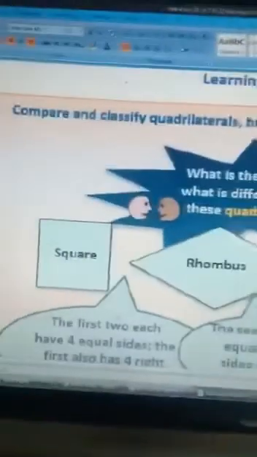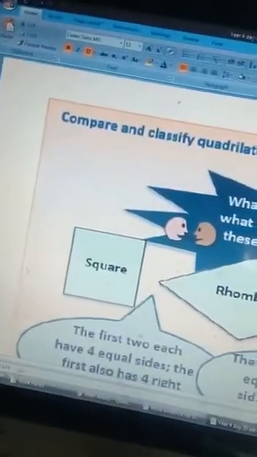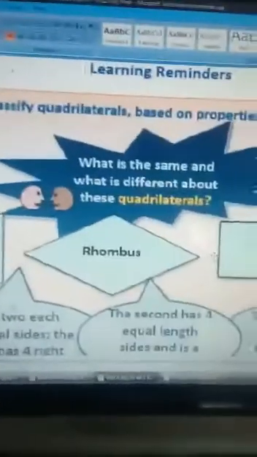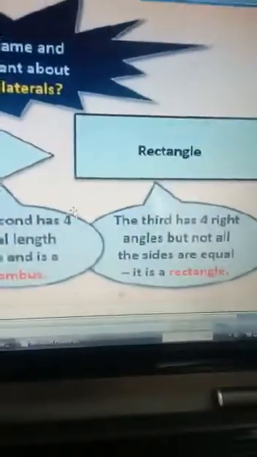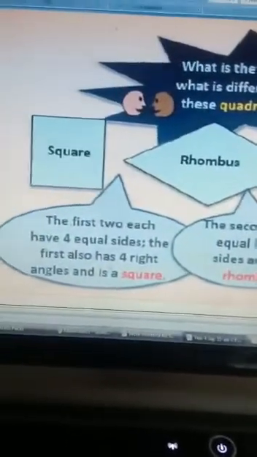Okay. Moving down, and we've got to look at the compare and classify a square, a rhombus and a rectangle. So this gives you some information about the differences. And then we've got this Venn diagram.